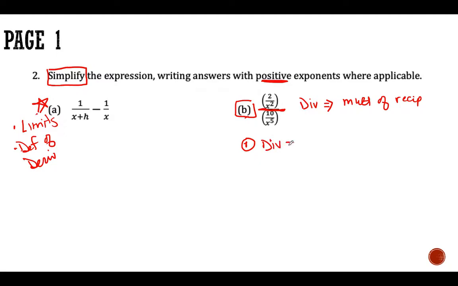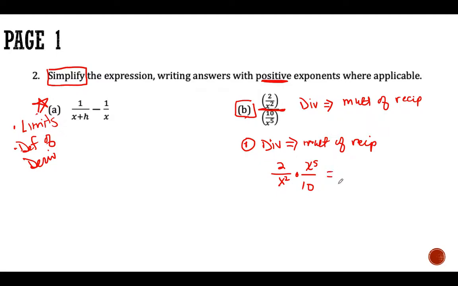Legally change a division into multiplication. So take 2 over x squared and change it into multiplication of not 10 over x to the 5th, but x to the 5th over 10.